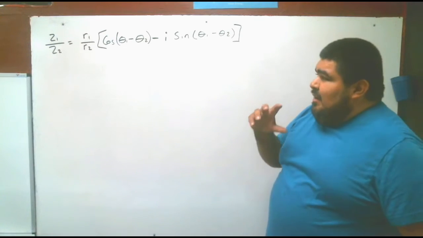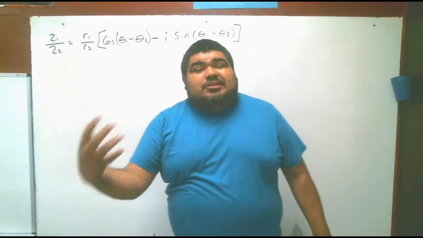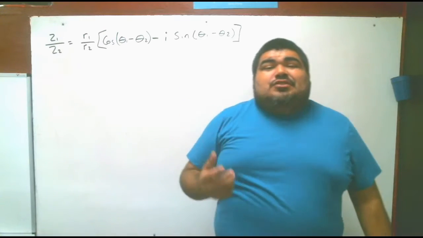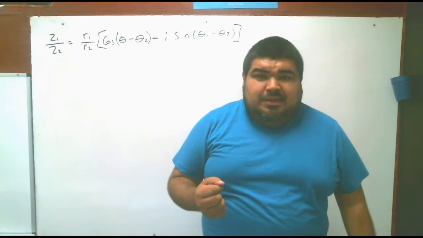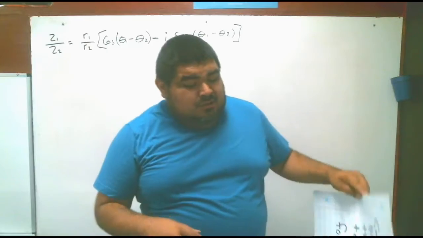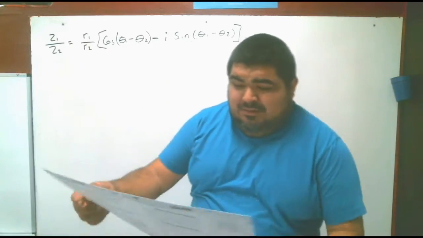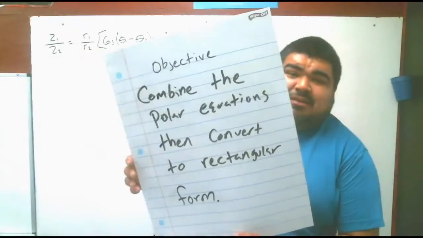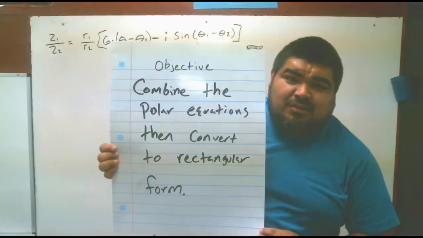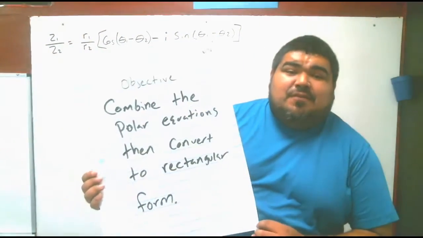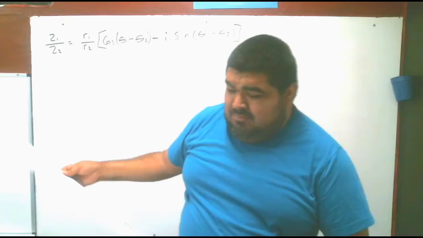So kind of multiplication and division. Multiplication is mostly positive. Division is mostly negative. Okay? That's the difference. So our objective is still the same. The objective is to combine the polar equations, then convert them into rectangular form.